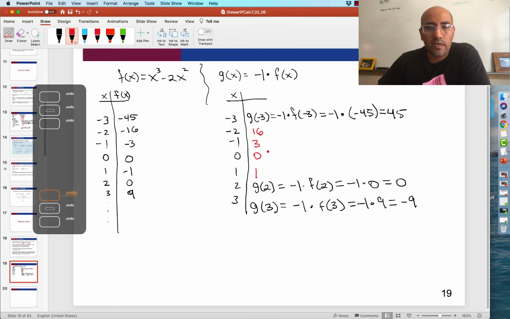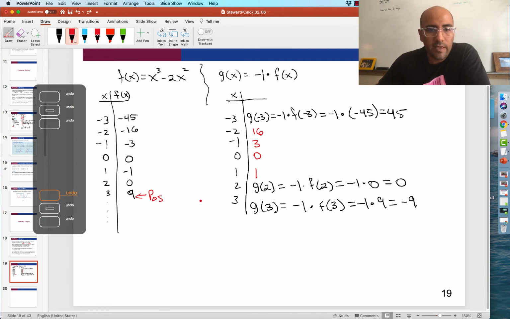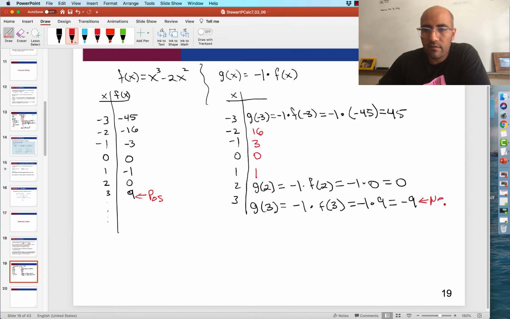So all we're doing is taking all previously positive outputs, and now we switch it over and we end up getting a negative. Previously positive answers become negative. And then previously negative outputs are now all going to become positive outputs.